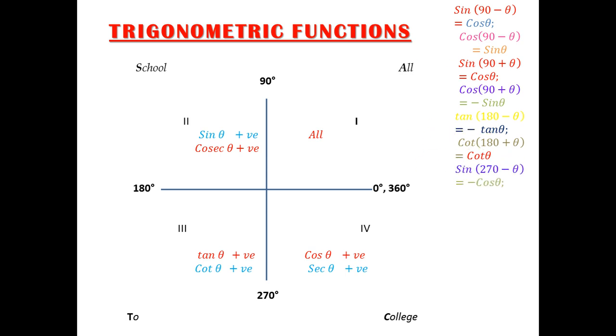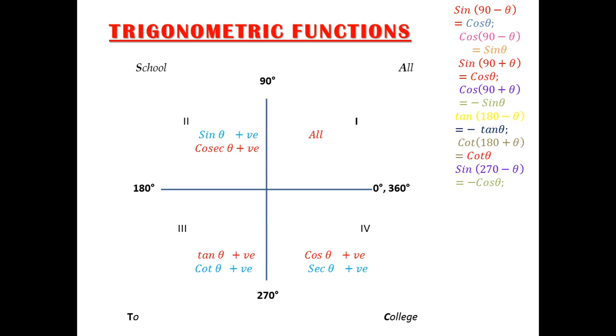Next is sine 270 minus theta. 270 minus theta is your third quadrant. At 270 and 90, we have to change our trigonometric function.